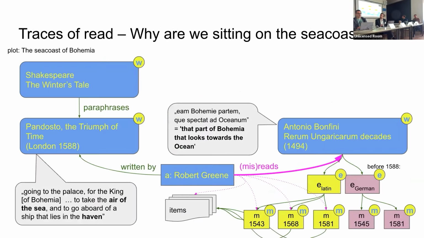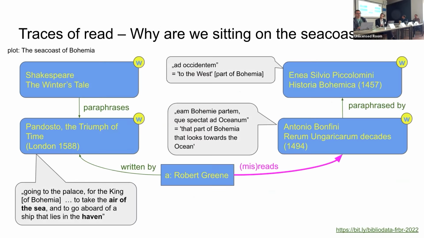So we can suppose that Robert Greene read the Latin version and not the German version. And I'm very happy that we are sitting in this room, because we see these posters which talk about the divorce against Jan Hus.